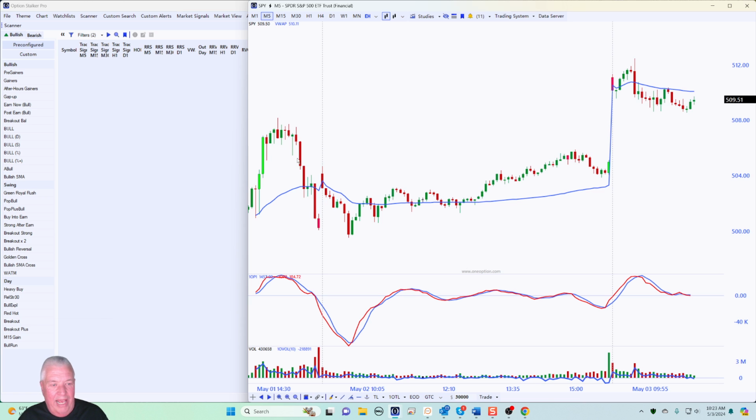You're looking for the actual breakdown below a support level for confirmation price-wise, but you've got your orders loaded and ready because OneOP is telling you when there's a strong move, when you can add to the position. It's also telling you when you should be looking for a compression, when you should be taking your gains on your positions, and then ultimately looking for different reversals.